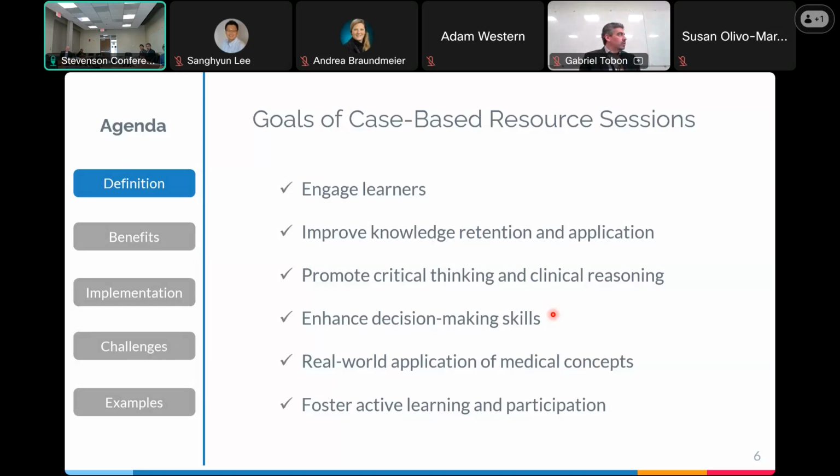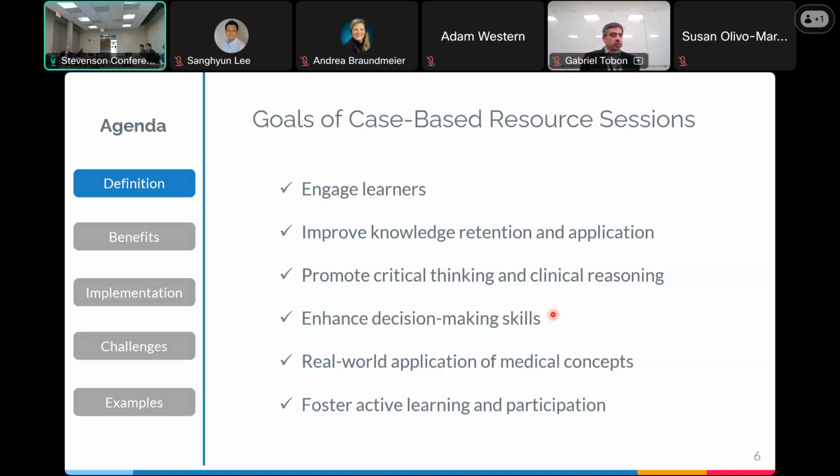And what are the main goals for this strategy? There are many different benefits and goals, especially to engage learners. Because when we use the traditional lecture, sometimes the students are not learning, they are really tired, and 1 hour after the content, their retention is really low.